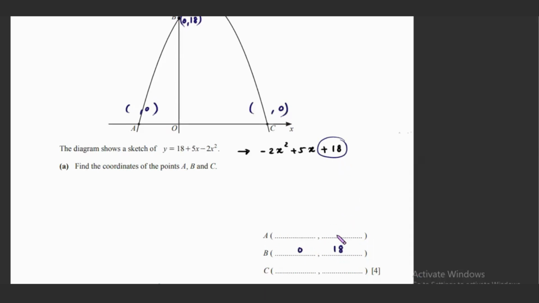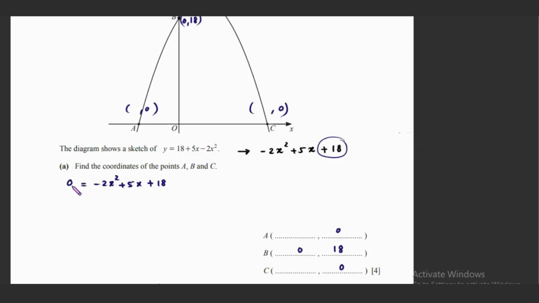And for A and C, we know their y values, which will be 0. We need to find what these 2 points are. So we are supposed to find the roots of the equation. We know that at this point the value of y is equal to 0, which means in the equation we have minus 2x squared plus 5x plus 18 equal to 0.